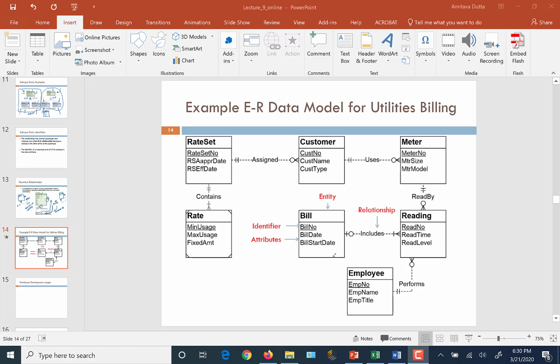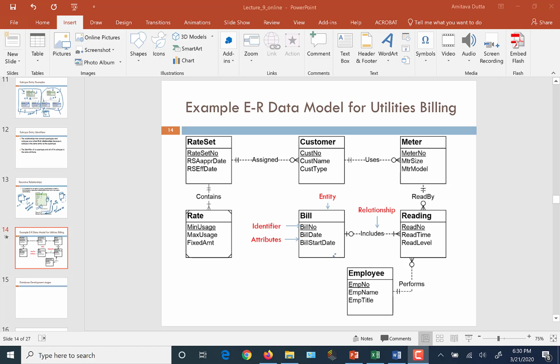Okay, so in this tutorial, what I want to do is reinforce those concepts in terms of the symbols that are used to express a conceptual data model, by revisiting this particular diagram, this entity relationship diagram here. So what you see before you is a picture, and it is a conceptual data model.